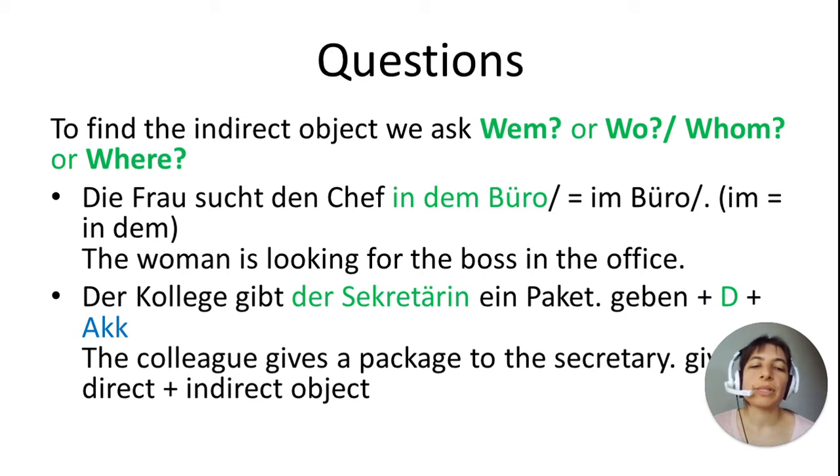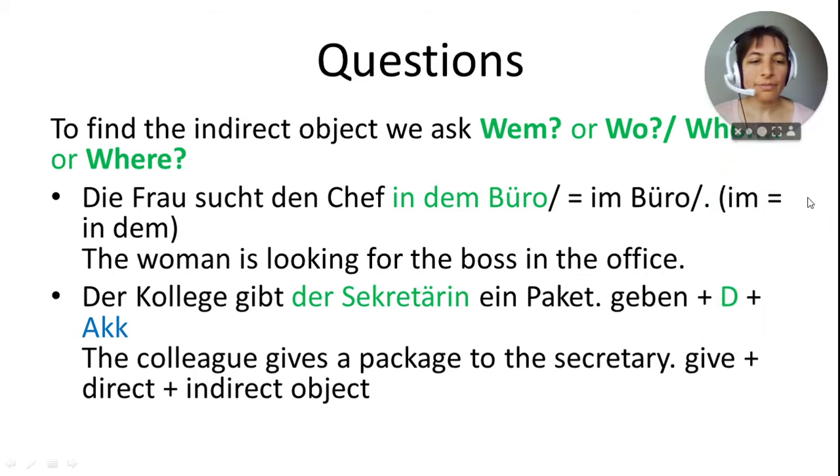Wo sucht die Frau? Im Büro, in dem Büro. Or the second one, der Kollege gibt der Sekretärin ein Paket. Wem gibt der Kollege ein Paket? Der Sekretärin. That's dative. You can see also here the English translation.